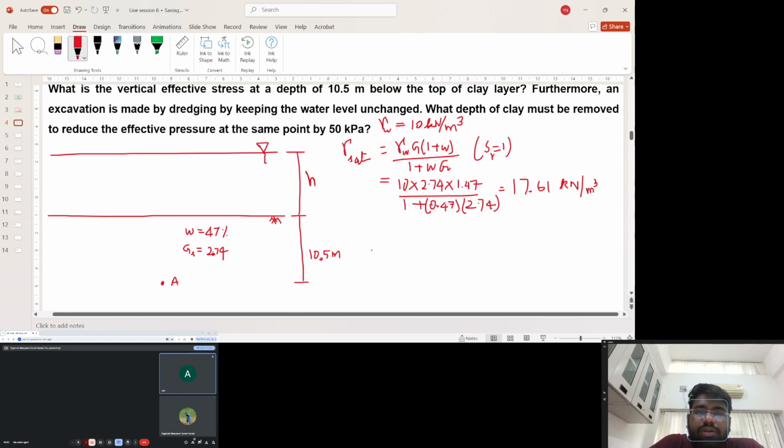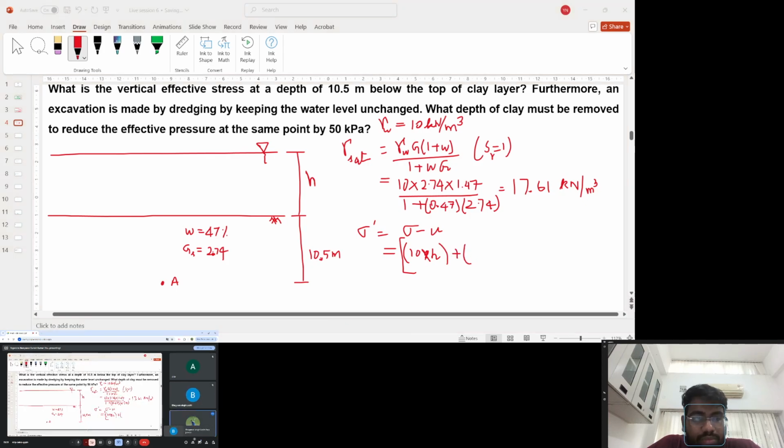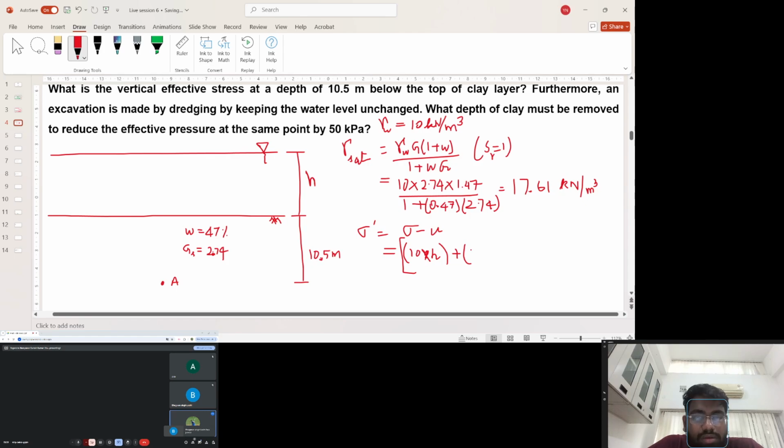So now we can calculate the effective stress at a depth of 10.5 meters. So sigma dash is equal to sigma minus u. Sigma is 10 into h plus 17.61 into 10.5. Sorry, 20 was in the previous question.